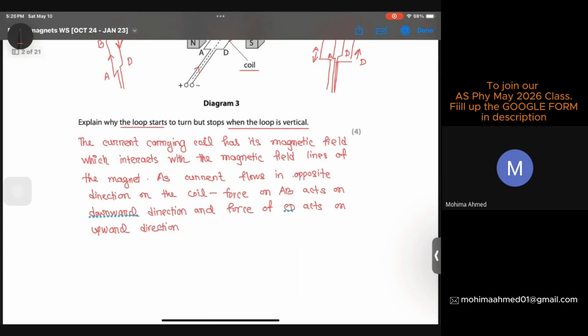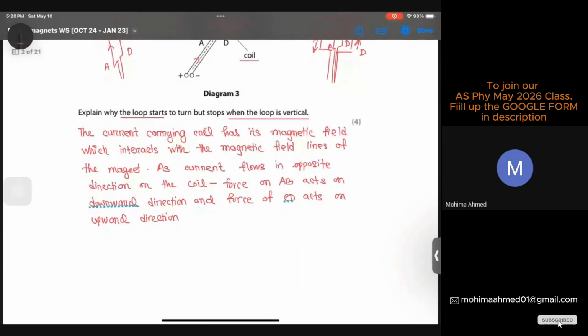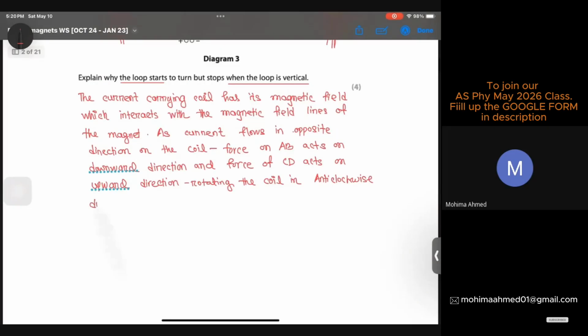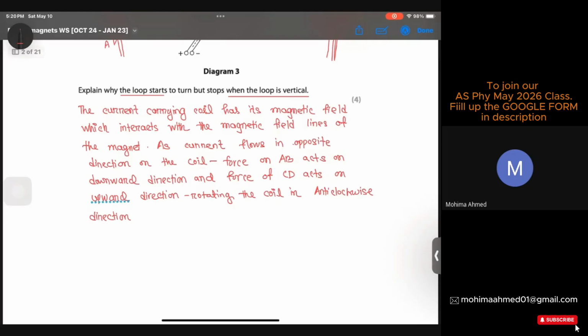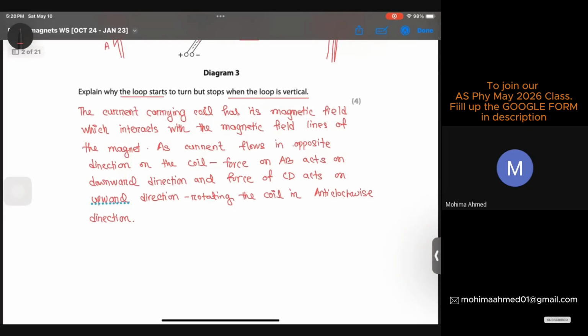the forces rotate the coil in the anti-clockwise direction. And what can we see then?